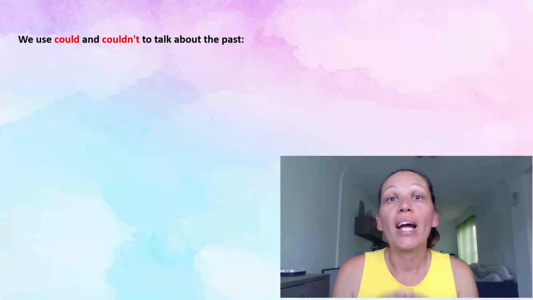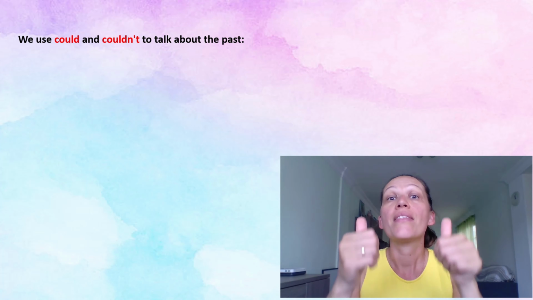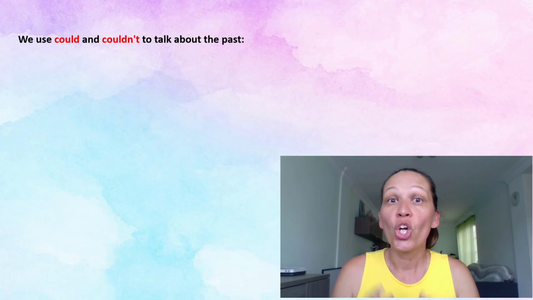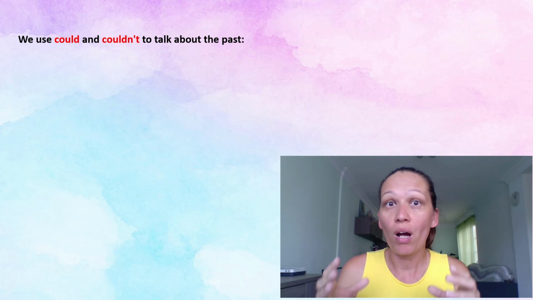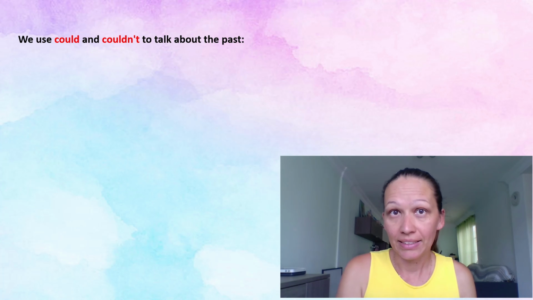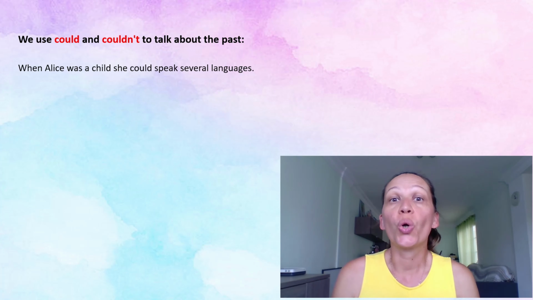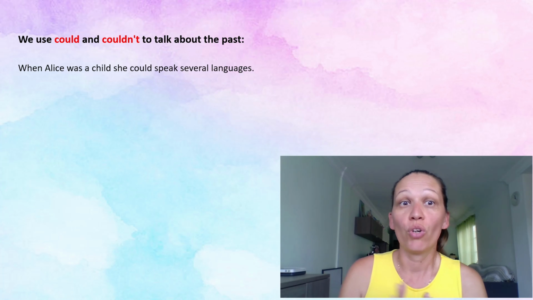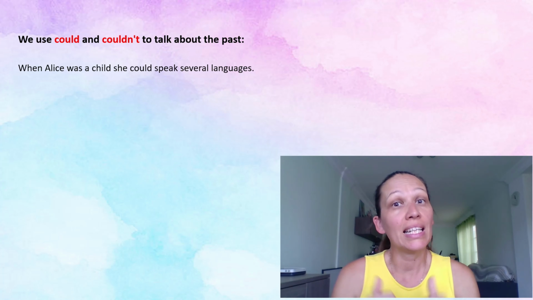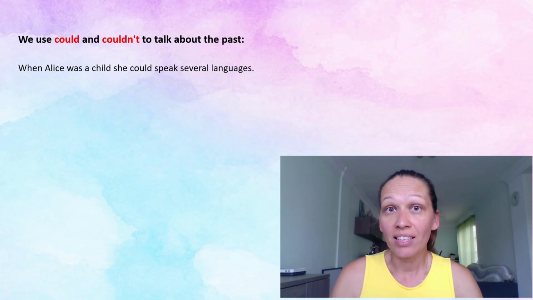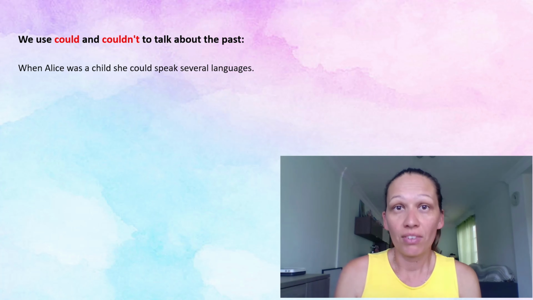We use could and couldn't to talk about the past. As I've said, could is the past form of the verb can. For example, when Alice was a child, she could speak several languages. That means we're talking about the past. So Alice, she's already grown up, but when she was little, when she was a child, she could speak several languages.